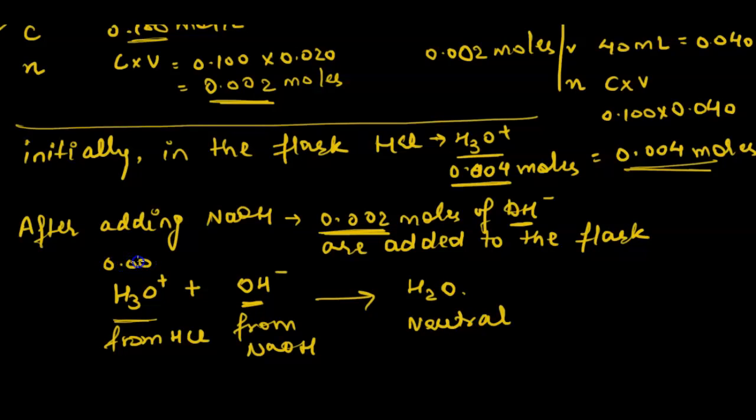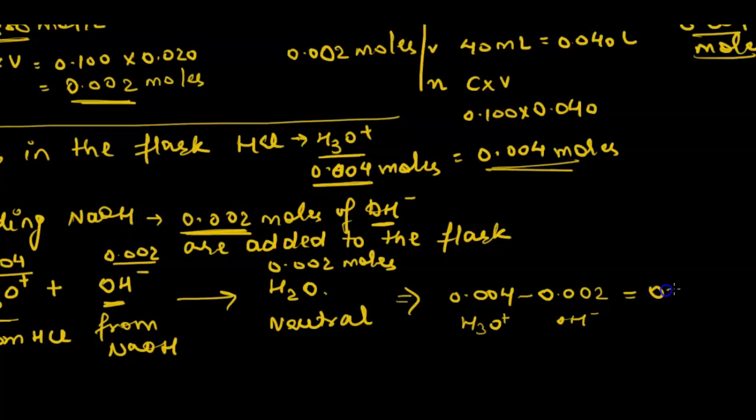Since we have 0.004 moles of this and 0.002 moles of this, only 0.002 moles of H3O positive will react with 0.002 moles of OH negative to form 0.002 moles of water.